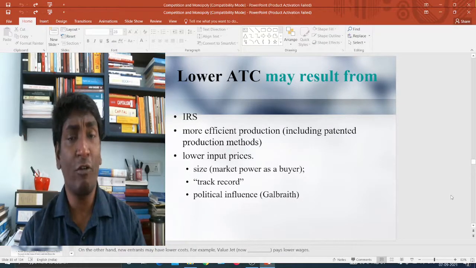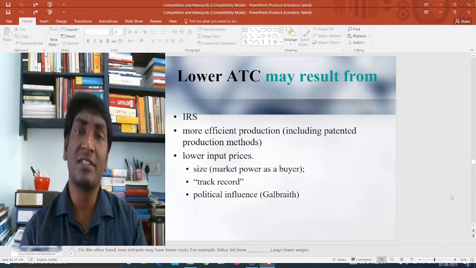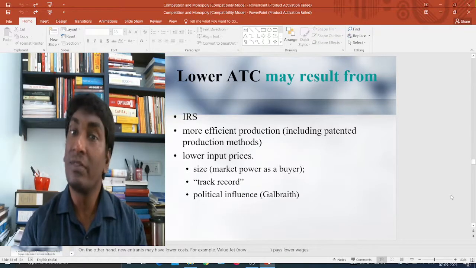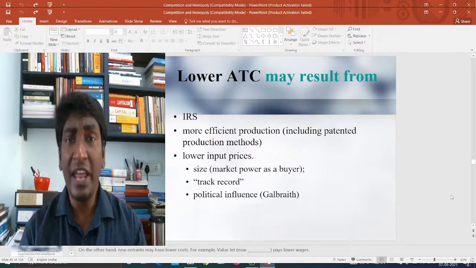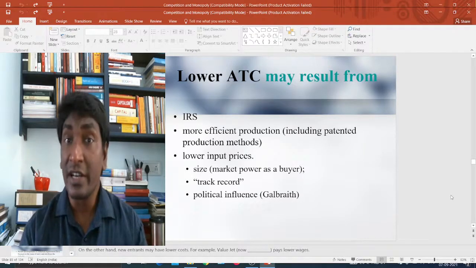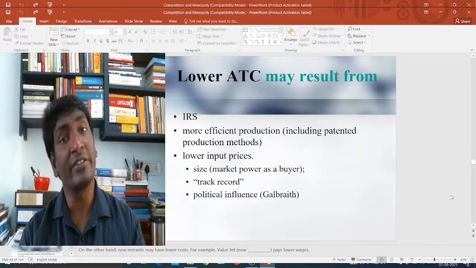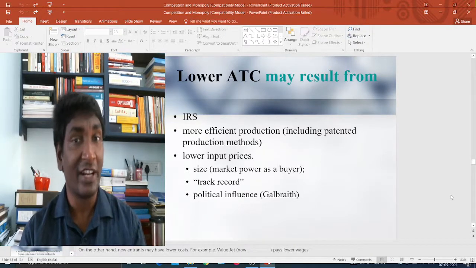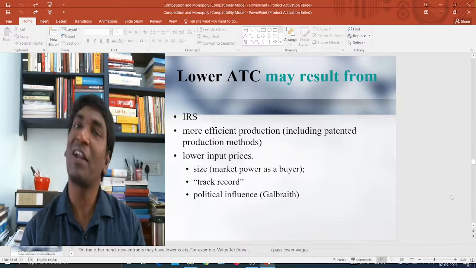Many people have always wondered why they should produce at ATC at its minimum, because these firms never produce their commodity at a constant case or an increasing cost case. This is very important, and that is why they have economies of scale.